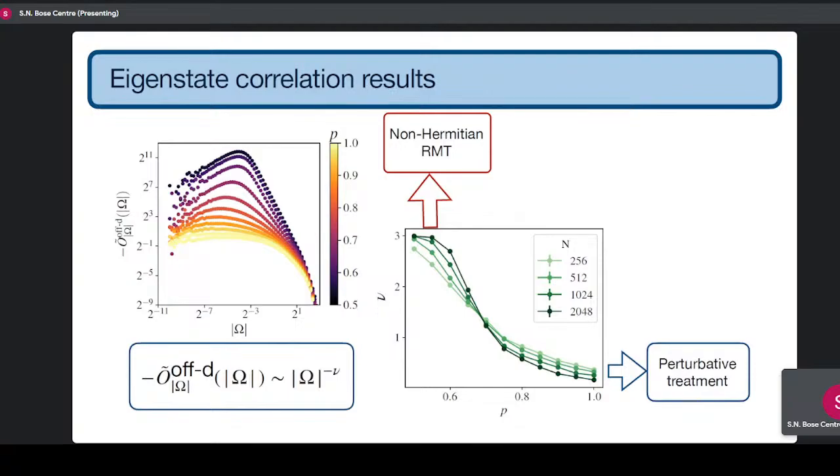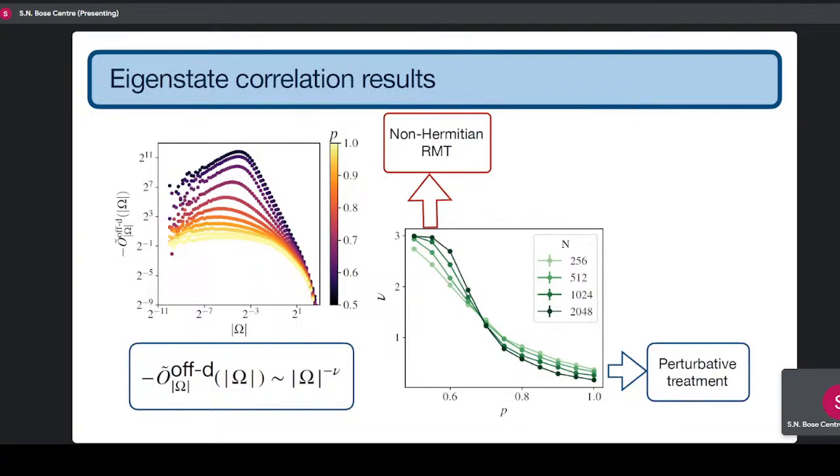We did finite size analysis of this, where I calculated the power law exponent for different system sizes, and we see a clear crossing where in the delocalized phase for small p this power goes to 3, and in the localized phase this goes to 0.